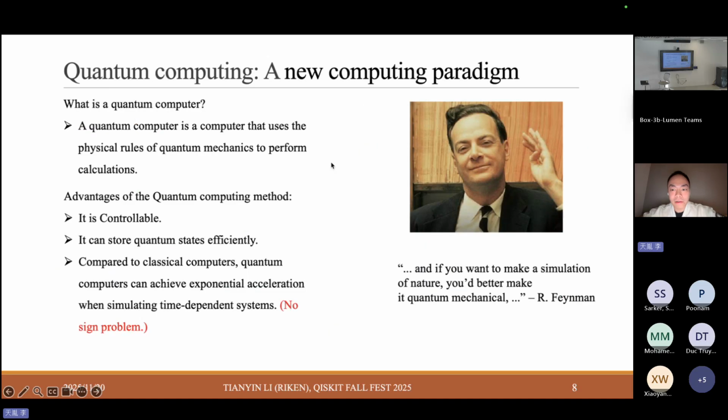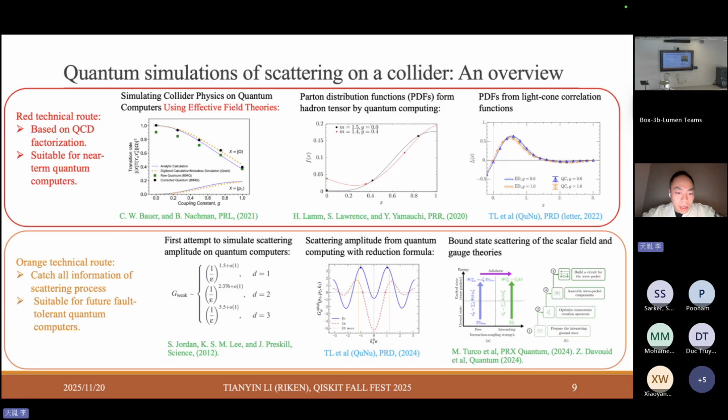So how can we overcome the sign problem of the time-dependent and finite chemical potential systems? One good choice is the quantum computing method, which is a new computing paradigm. A quantum computer is a computer that uses the physical rules of quantum mechanics to perform calculations.